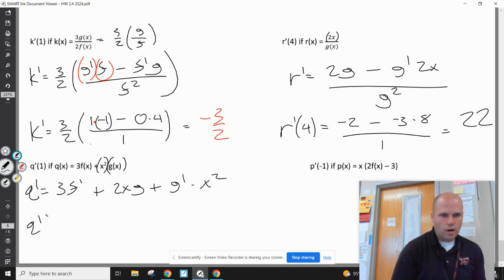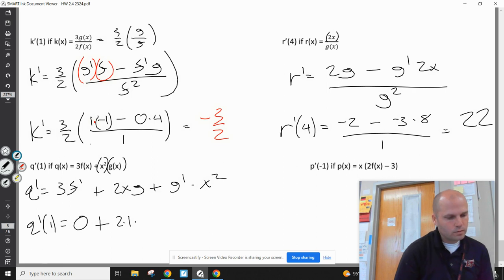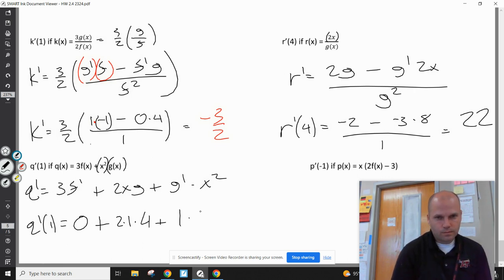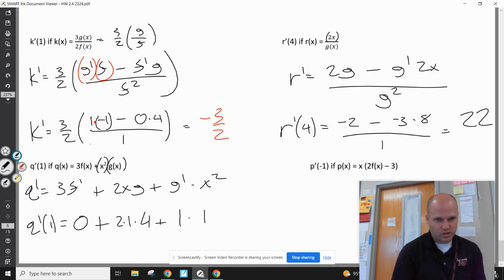Plugging in 1. I need f's slope at 1, which is 0. That's nice. 2 times 1 times g's y-coordinate at 1. That's 4. G's slope at 1 is 1 times 1 squared is 1. So I have 8 plus 1, which is 9.